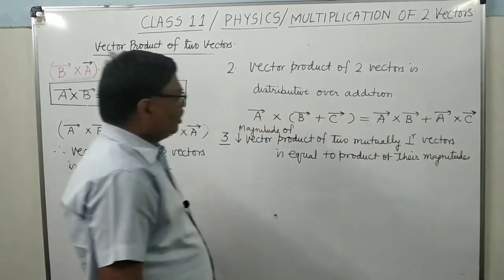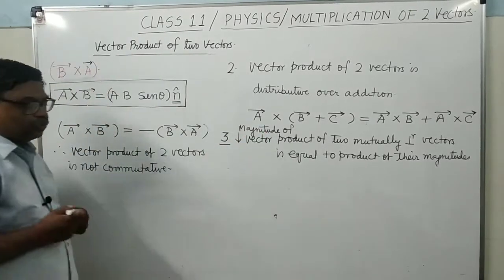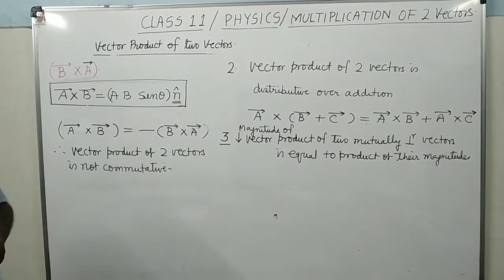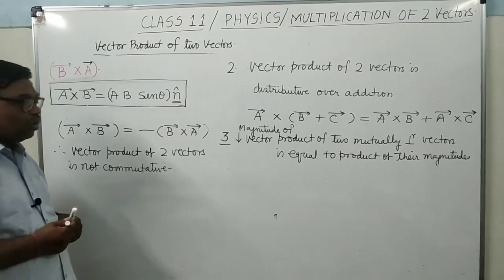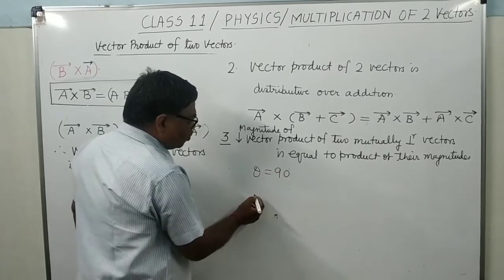If there are two mutually perpendicular vectors, the theta will be equal to 90 degrees.